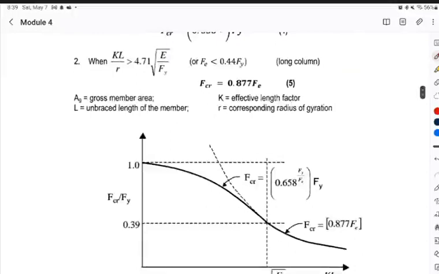Now, if the slenderness ratio is greater than that value, 4.71 square root of E all over Fy, we will use a different formula because our column now is considered to be long. It is not short. So that our critical buckling stress is now equal to, mas madali, 0.877 Fe.